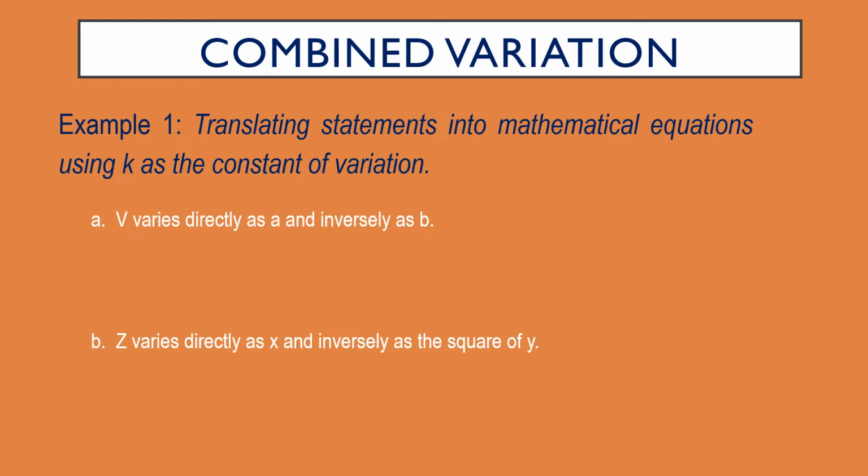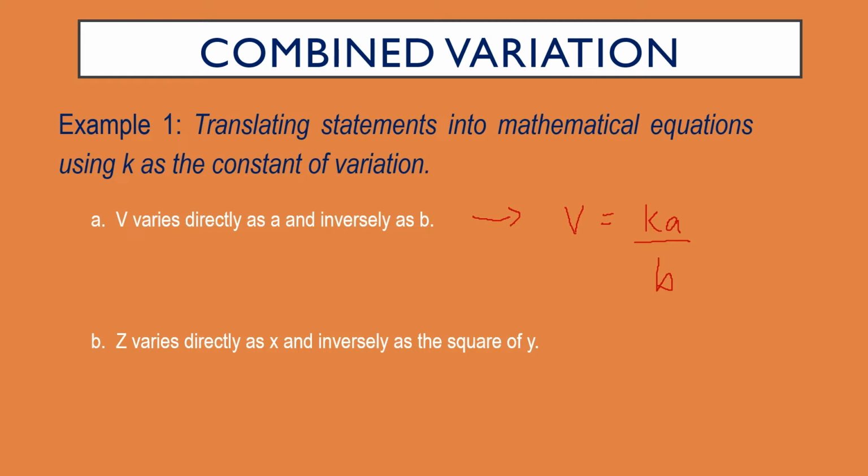Let's have examples of translating statements into mathematical equations using k as the constant of variation. Number 1, v varies directly as a and inversely as b. In mathematical equation, it is written as v is equal to ka over b.